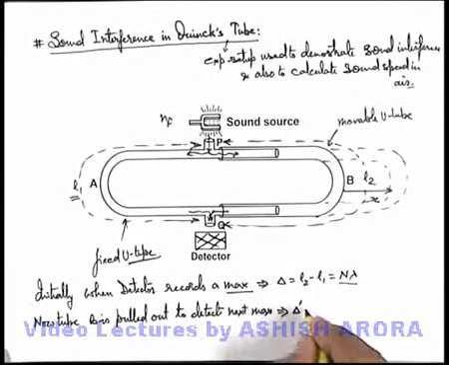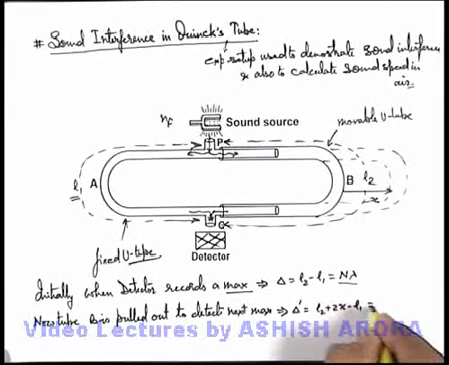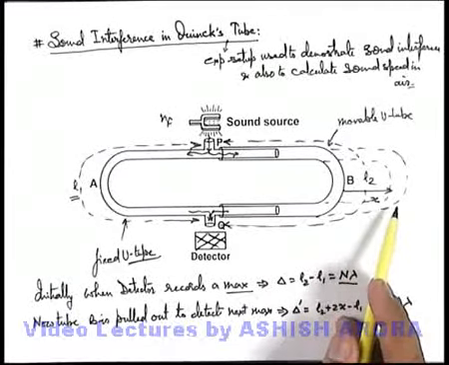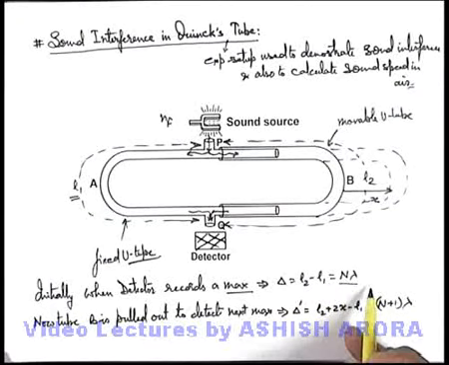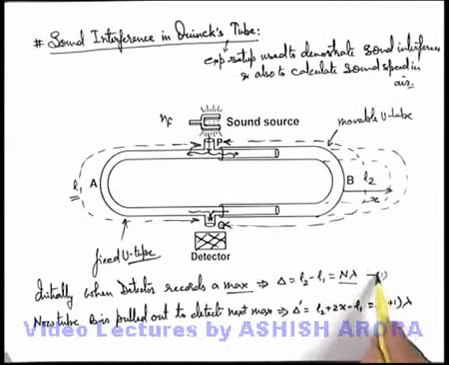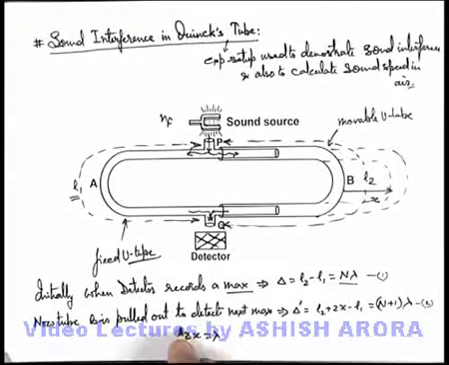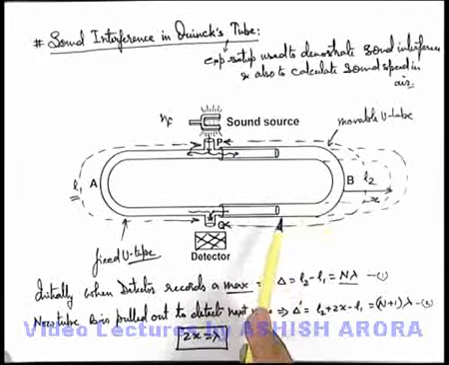So for the next maxima, the new path difference, L2 plus 2x minus L1, should be equal to (n plus 1) lambda, because for the next constructive interference, the path difference must be the next integral multiple of wavelength. (2) From these two equations 1 and 2, if we subtract, we get 2x equals lambda, which is the experimental value of the wavelength of waves propagating through the tube.